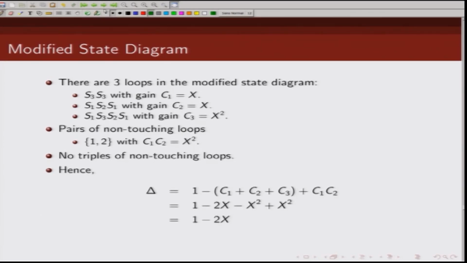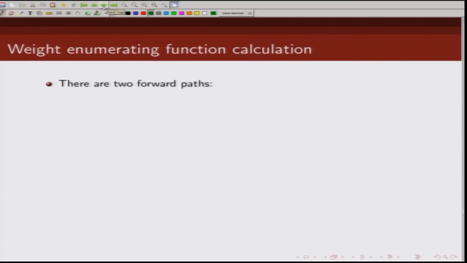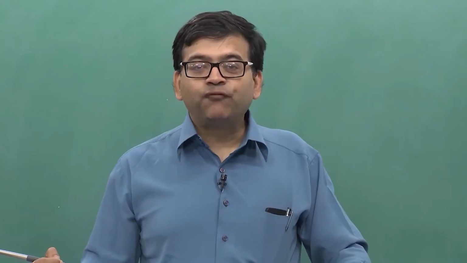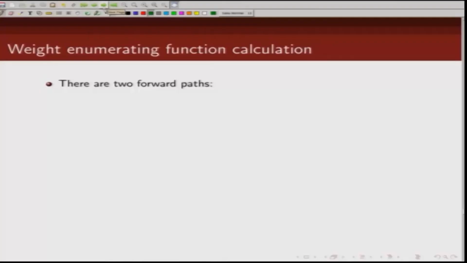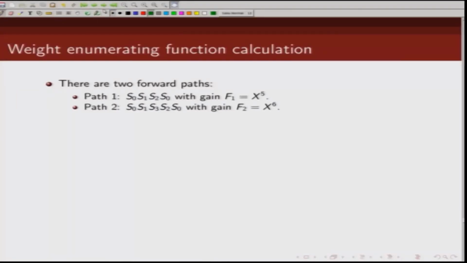So, now we can then find out the value of delta, which is 1 minus summation of these loop gains and plus set of non-touching loops. So, this comes out to be 1 minus 2x. Next, we are going to find out what are the forward paths. So, there are 2 forward paths in this, and we are going to show you.